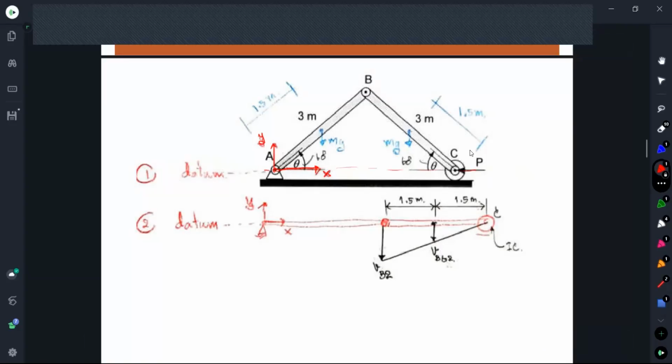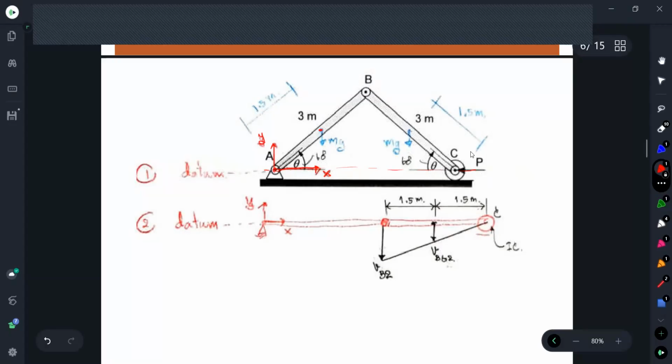And we set the line of axis x as the datum. The first picture shows the first position, where you will see that the center of gravity of the two links is above the datum that we already set.